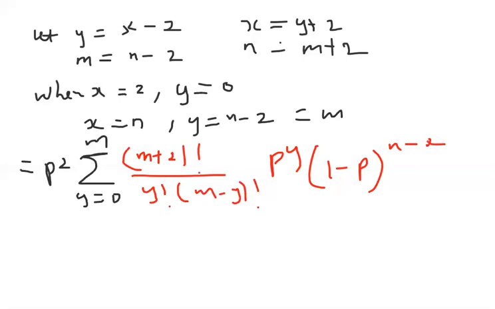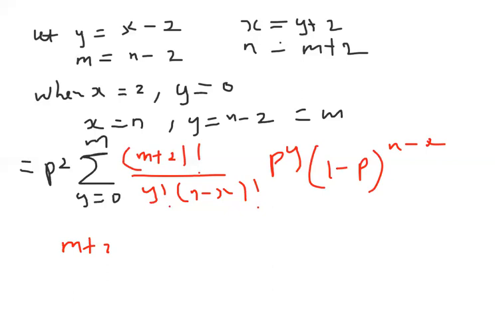So sorry, I know somebody's going to ask how I got m minus y, so let me clear this part. This part was n minus x, but we are trying to replace everything with y. We know n minus x is the same as n, which is m plus 2, minus x, and we know that x is the same as y plus 2.